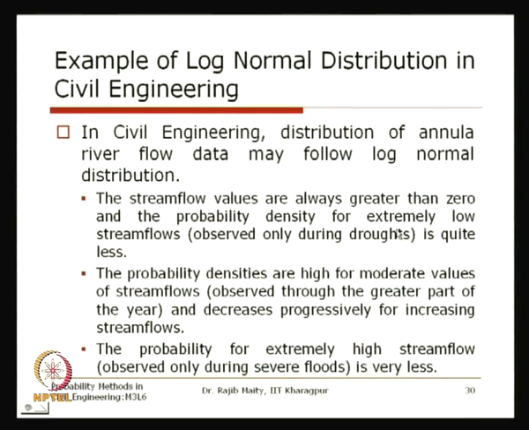What we can see is that it starts from 0, takes a peak, and again comes down over the range of annual river flow. We cannot confirm it, and we cannot say as a general case that all annual river flows follow the log normal distribution, but there is a possibility that they may follow a log normal distribution.